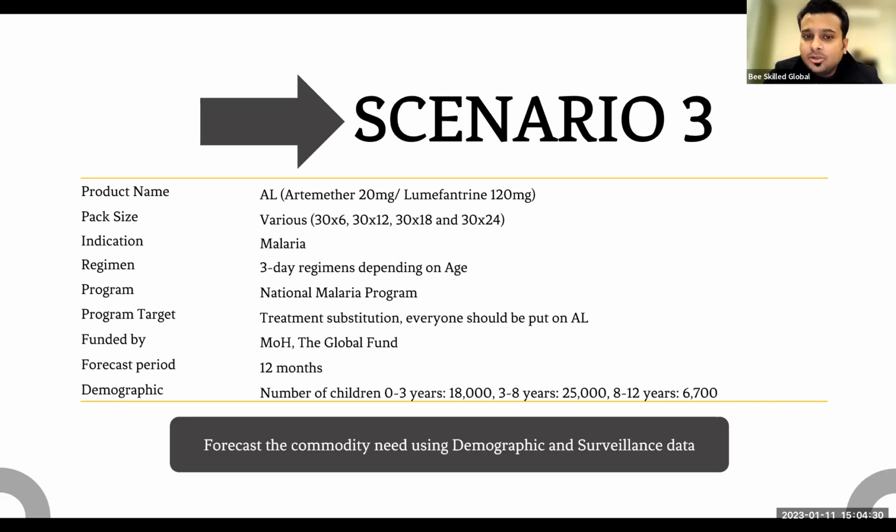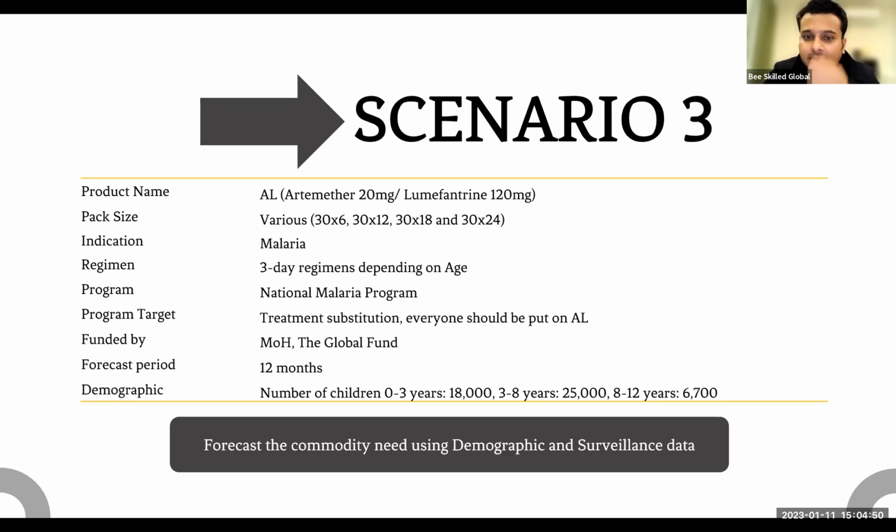For children, you have 30 blisters of 6 tablets. Then, moving up with age, 30 blisters of 12 tablets, 30 blisters of 18 tablets, and for adults, 30 blisters of 24 tablets.